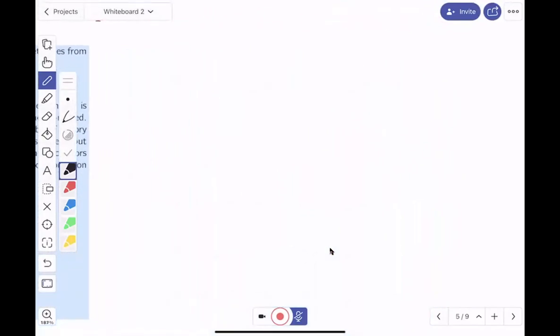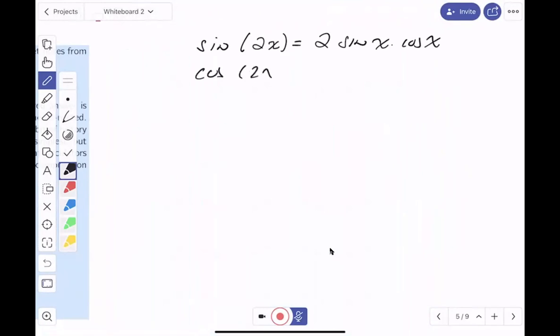All right. So one thing you need to know, and hopefully you're getting a little better at this, is the sine double angle formula. So I'll put down sine 2x. And what's it going to be? 2 sine x cosine x. You would need to know that. The other one you need to know is the cosine of 2x. What's that going to be?